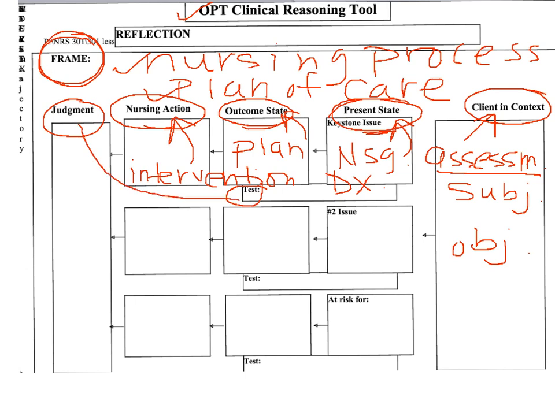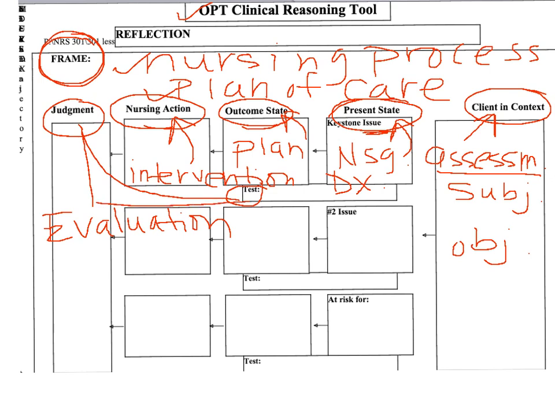And again, later on in this presentation, I'll talk a whole lot more about what the test means. Linking test and judgment up with the nursing process language, in nursing process, you'll hear nurses talk about evaluation. So evaluation is synonymous with both judgment and test.